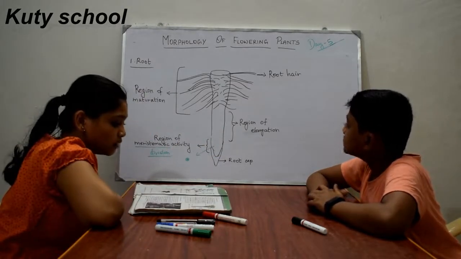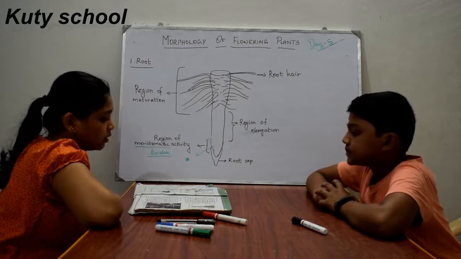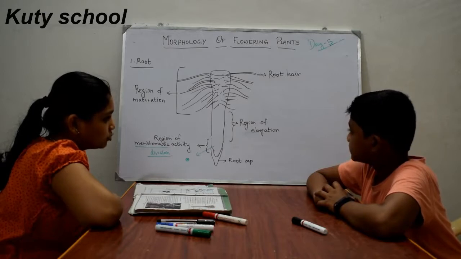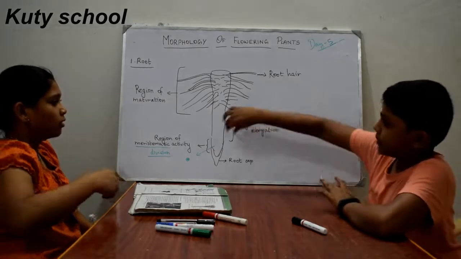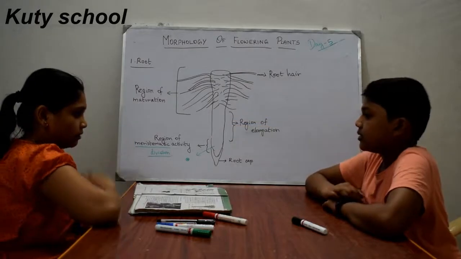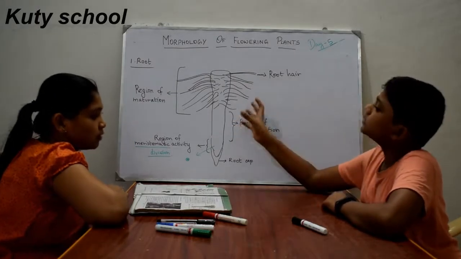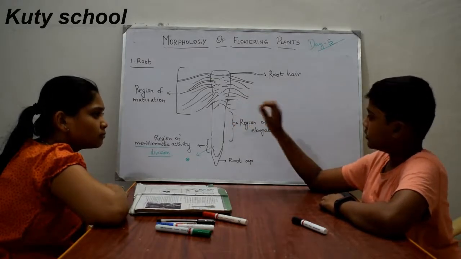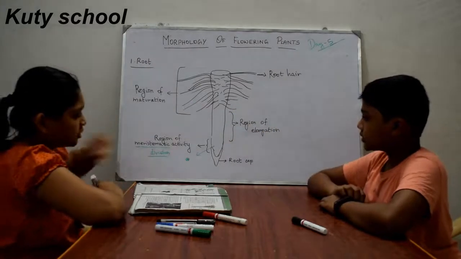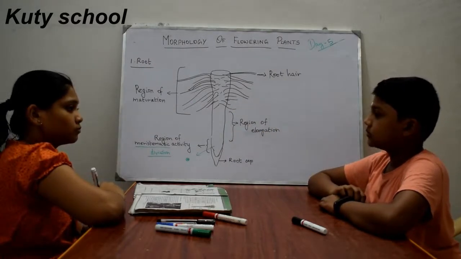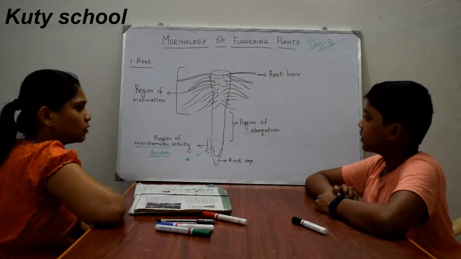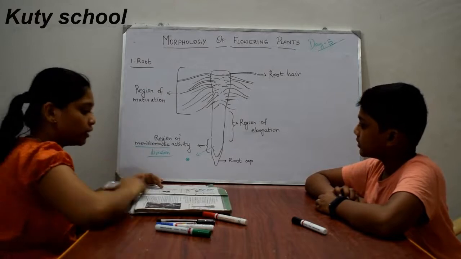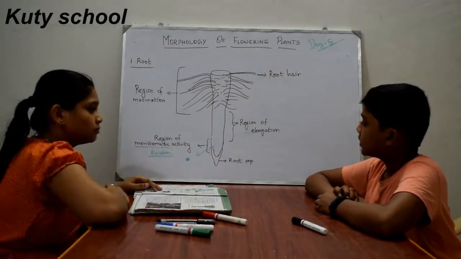This region is responsible for the growth of the root in length. Roots generally grow in length only; they enlarge and grow in length.